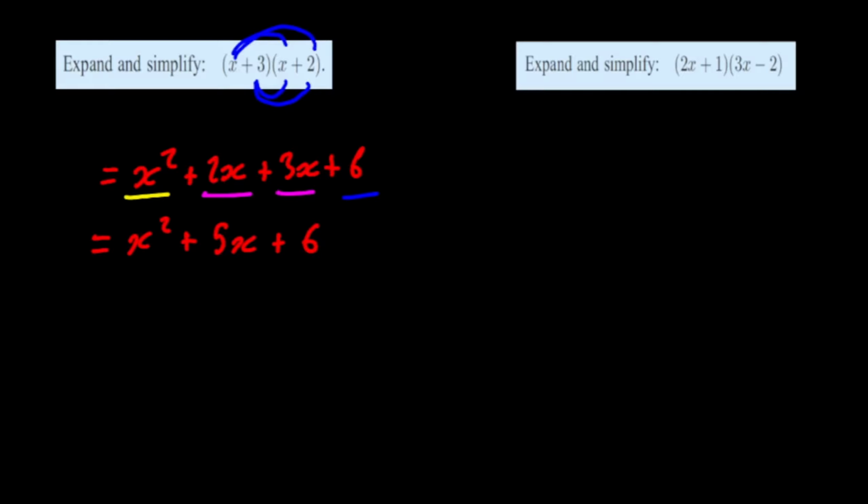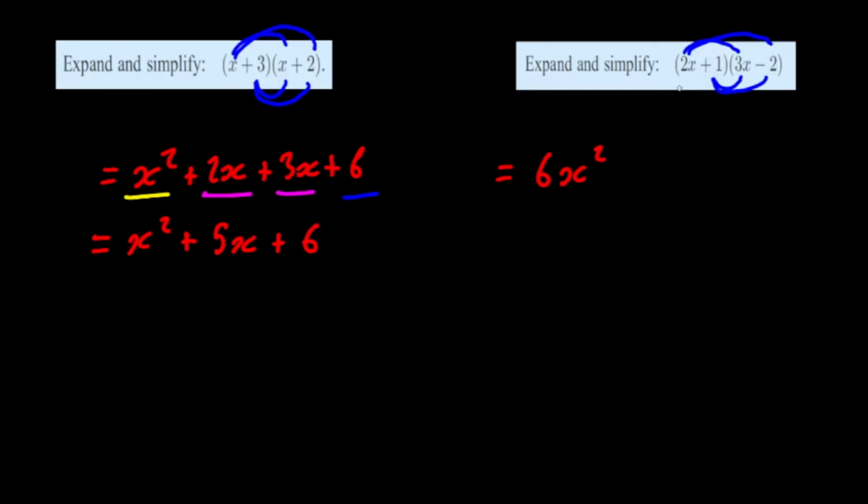Moving on to the next one, we have 2x plus 1 into 3x minus 2. So it's 2x times 3x, then 2x times negative 2, then 1 times 3x, then 1 times negative 2. And we'll get 2x times 3x is 6x squared. First we multiply the numbers, so 2 times 3 is 6, then x times x is x squared.